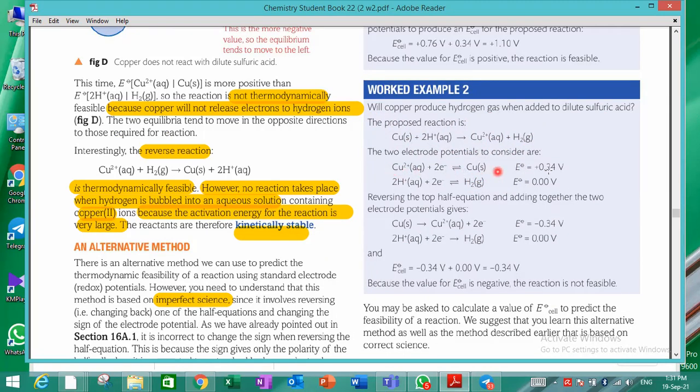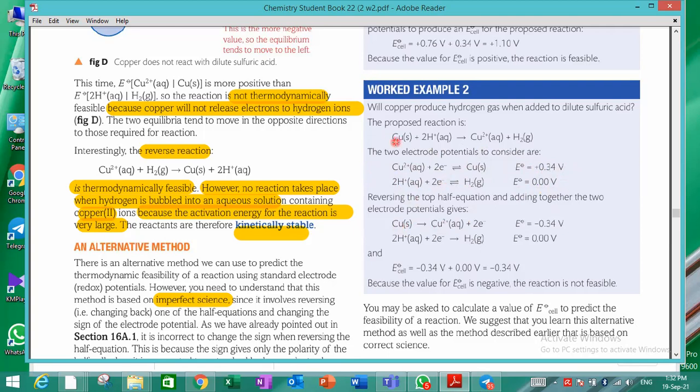But what if I made a mistake and I put the copper ions plus 2 electrons gives copper solid, E naught is plus 0.34 volts, and 2 hydrogen ions plus 2 electrons gives hydrogen, E naught equals 0. Maybe I put the half equation of copper first. So what will the E naught cell be?